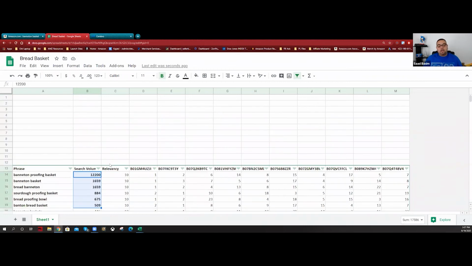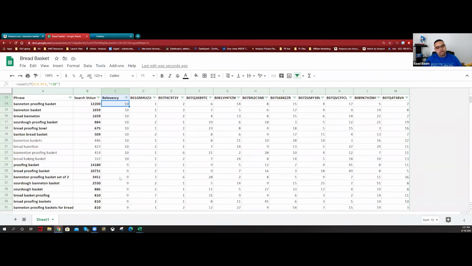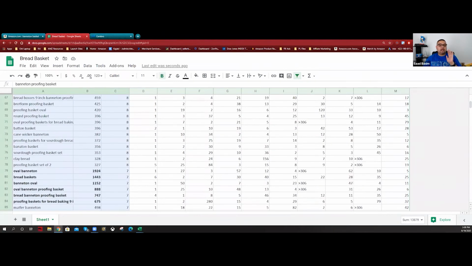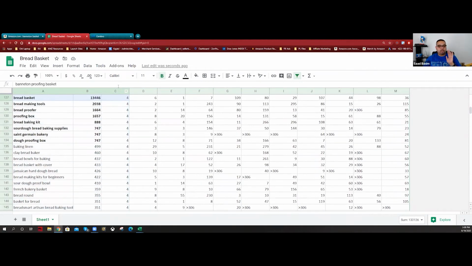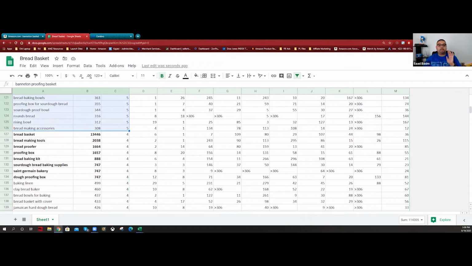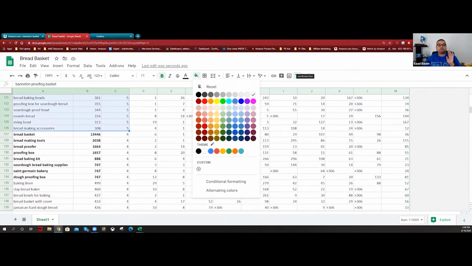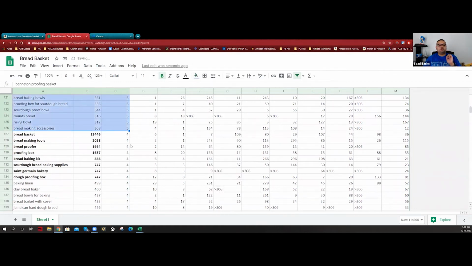Now, there's a scale from 10, which is the highest relevancy, down to 0, right? Now, I believe from 10 to 5, they are medium to high relevancy, very high to medium relevancy. So I'm going to take these up to 5 relevancy and put them into dark blue or light blue.